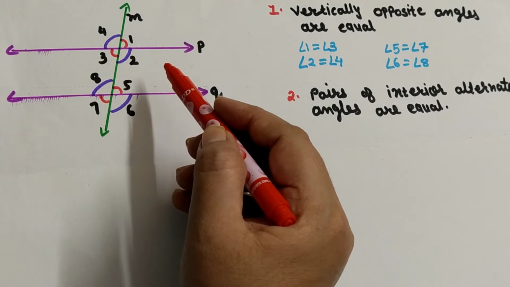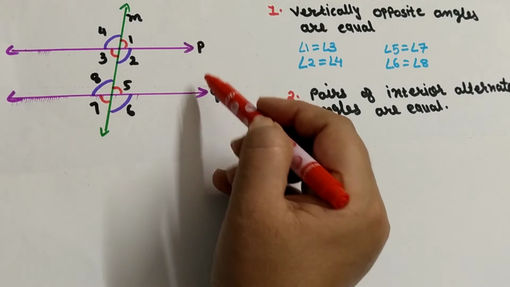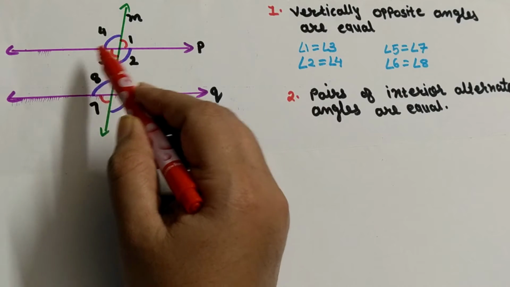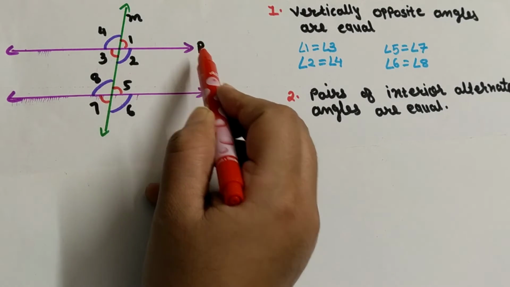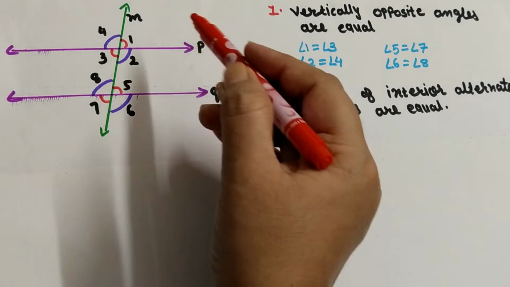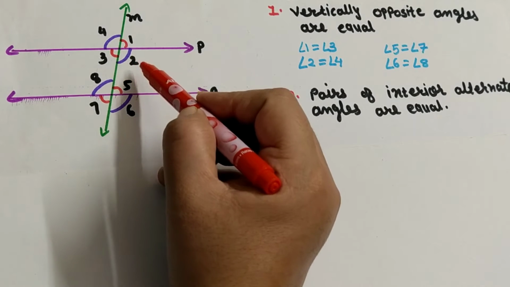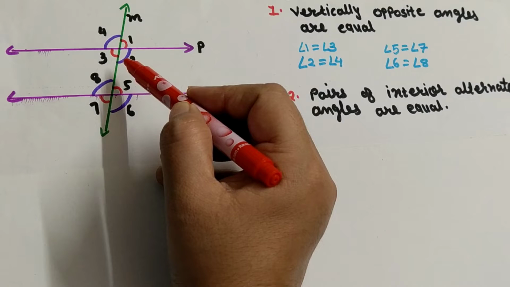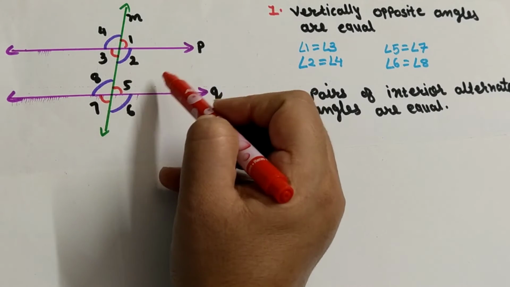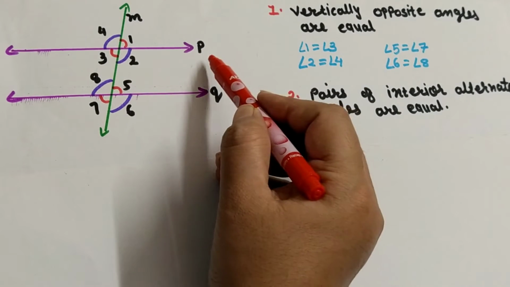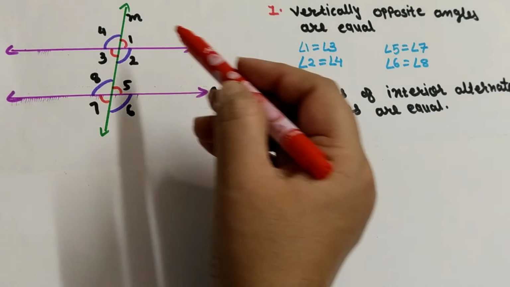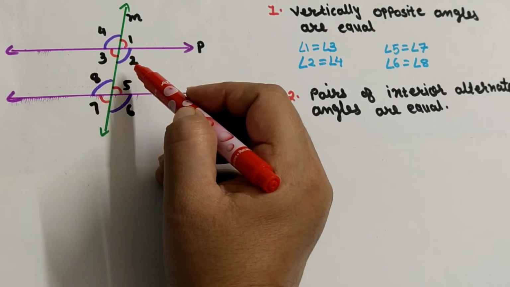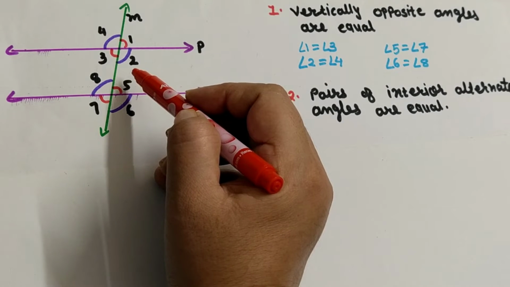The region between P and Q is the interior part of parallel lines P and Q. So angles 2, 5, 3 and 8 lie in the interior part of lines P and Q. So angles 2, 5, 8 and 3 are called interior angles.